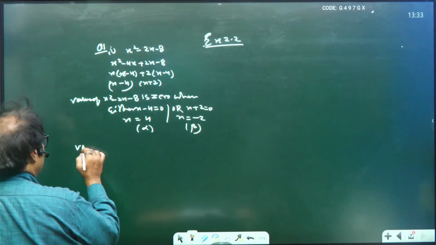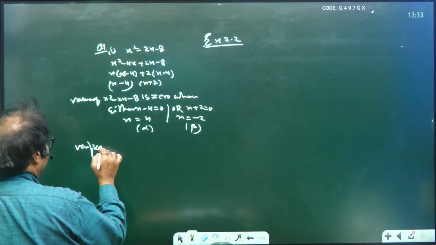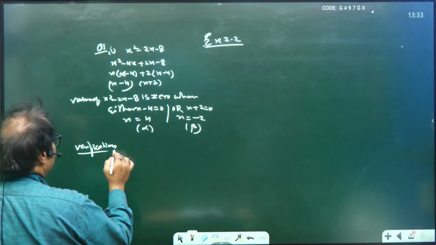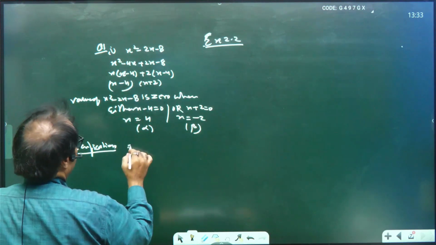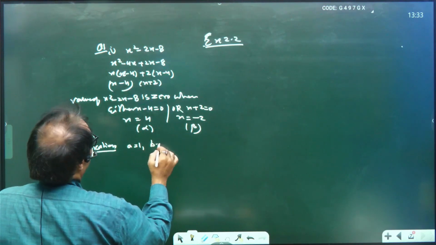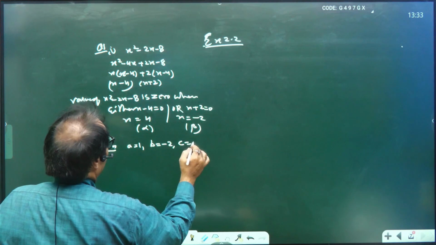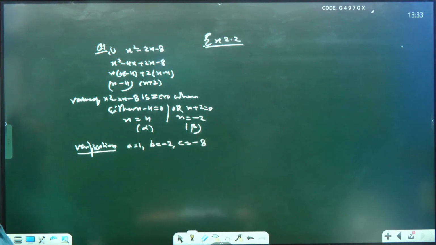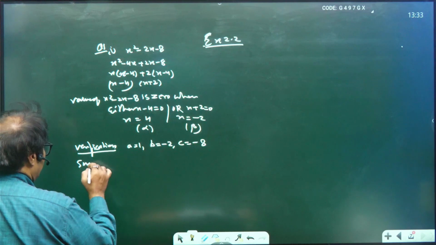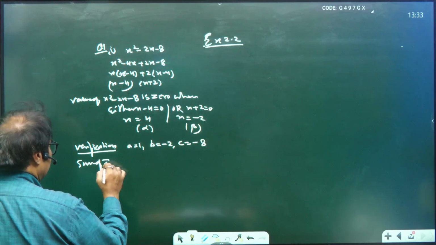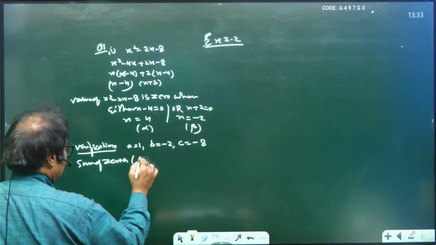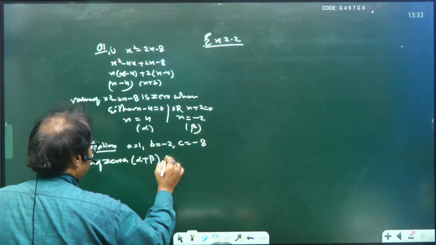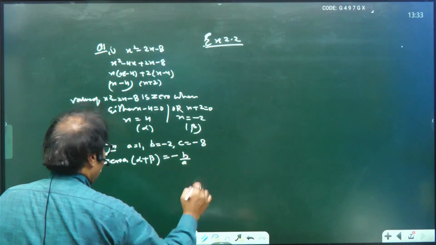So for the verification, here the value of a is 1, the value of b is minus 2 and the value of c is minus 8. We got the values of a, b, c, and start verification. Sum of zeros, the relationship: sum of zeros, that is alpha plus beta, is equal to minus b upon a.